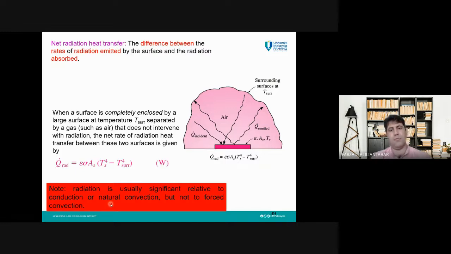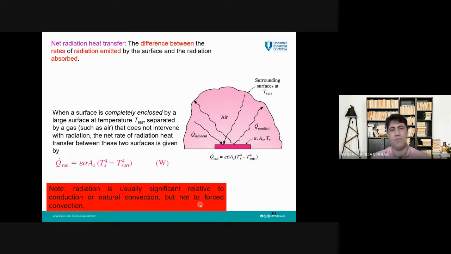If you remember, we have two types of convection heat transfer. One of them is natural. We don't use any fan. We do not circulate the liquid ourselves. It is circulated by itself due to the temperature difference. So compared to natural convection and conduction, radiation heat transfer is significantly high. But compared to forced convection, they are almost in the same range.